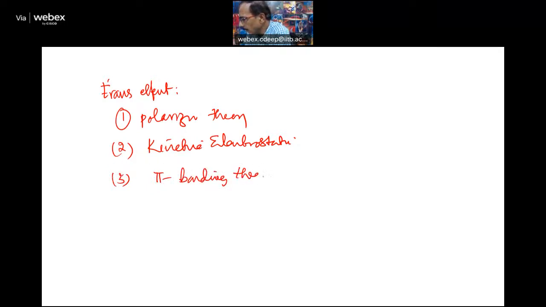I had already explained all those things. In case of polarization theory, what happens? If you have MX4, there is no trans effect because all are equivalent.